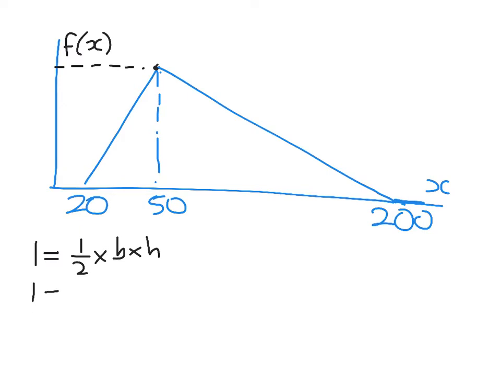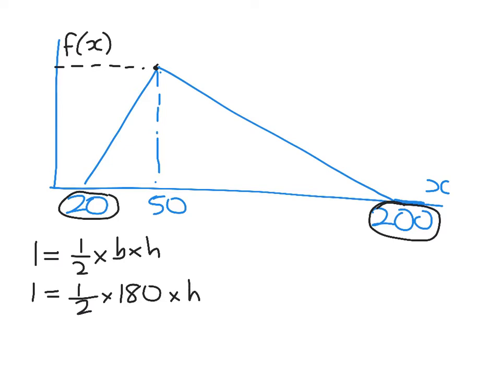So we can work that out to be a half of 180. Okay, so the base is not 200, it's 200 minus 20 times h. Rearranging that, we get h is equal to 2 over 180.